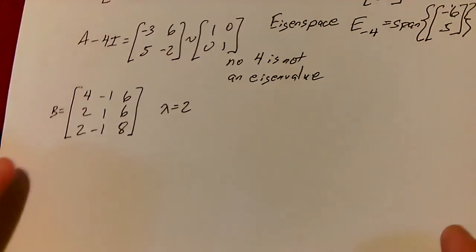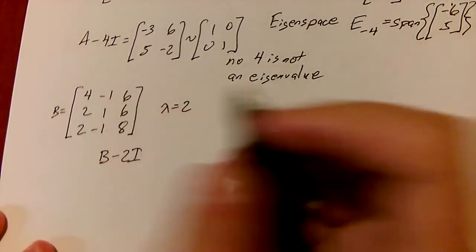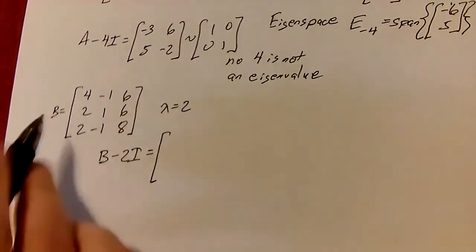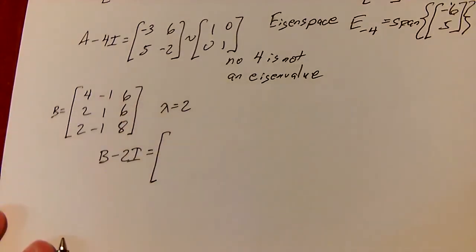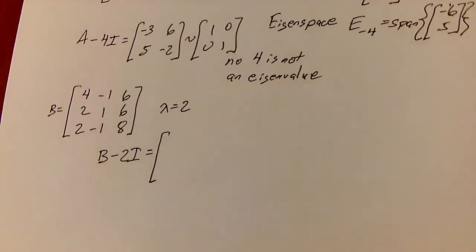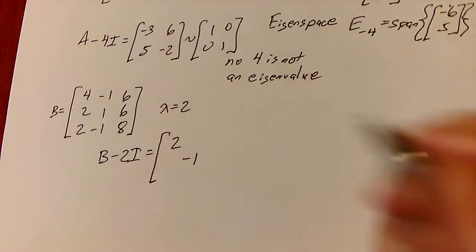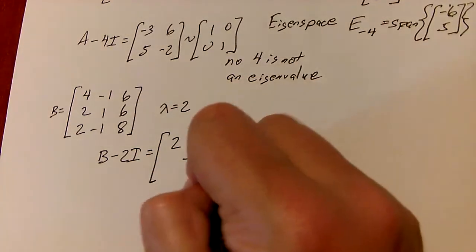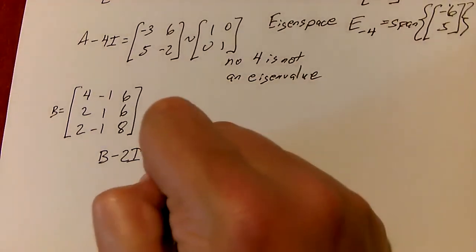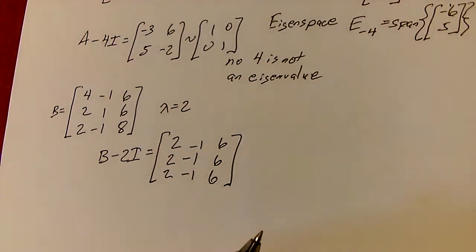Well, if I'm going to research lambda equals 2 here, I'm going to need B minus 2i, which means I'm subtracting 2 from the numbers on the diagonal. 4 minus 2 is 2. 1 minus 2 is a negative 1. And 8 minus 2 is 6. Fill in the rest with what they were because they don't make any changes when you subtract on the diagonal.